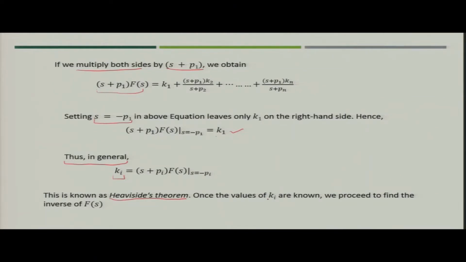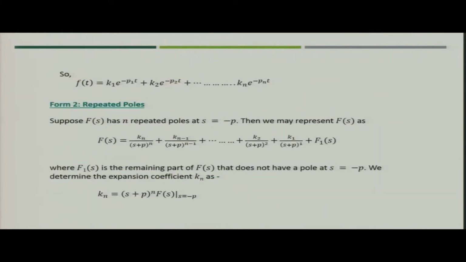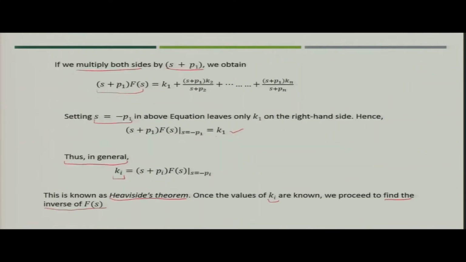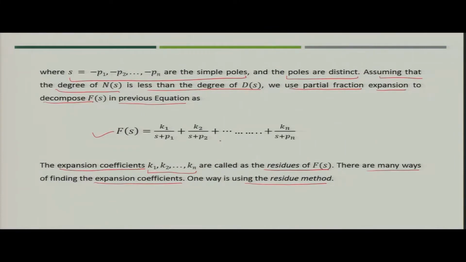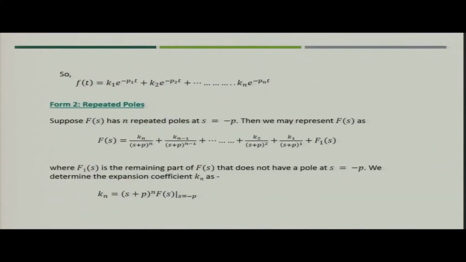Now, once the values of the k_i are known, we can easily find the inverse Laplace transform of F(s), because we know that it is decomposed into this form. Now, this is nothing but the Laplace transform of k1 e^(-p1 t).